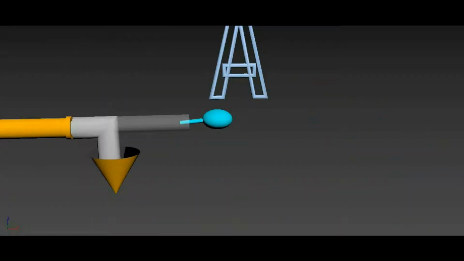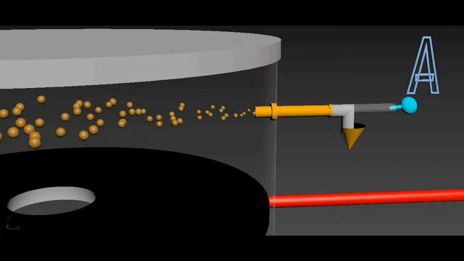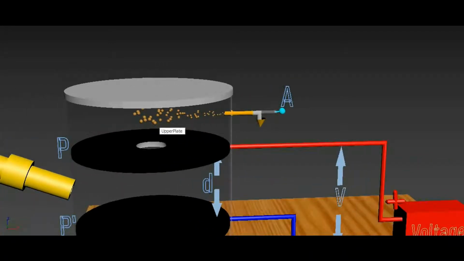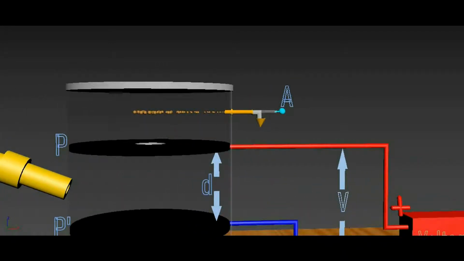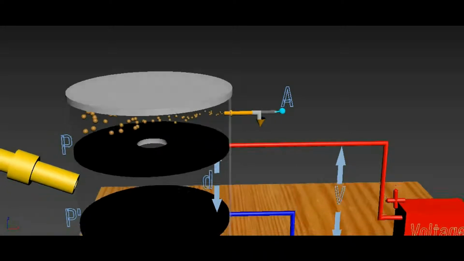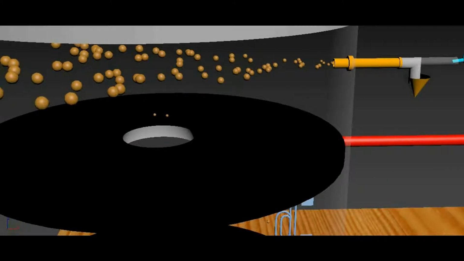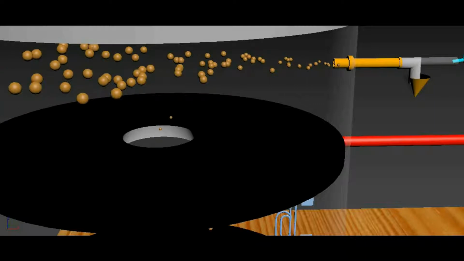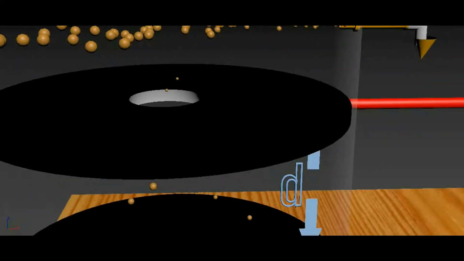As he pushed the atomizer, small tiny spray particles spread out inside the cylinder. Some of the particles pass through the upper plate hole, as you see on the screen.